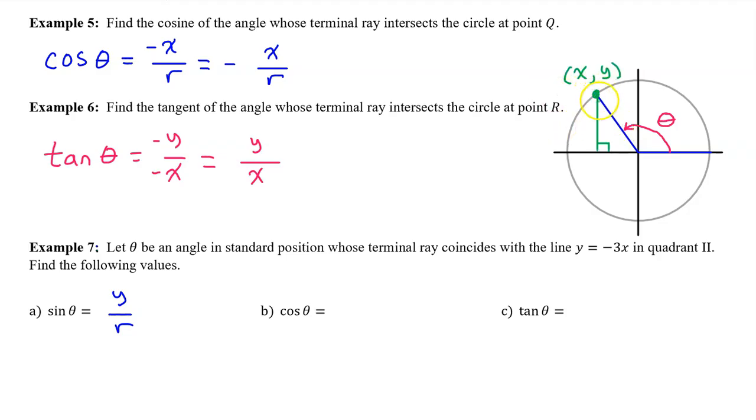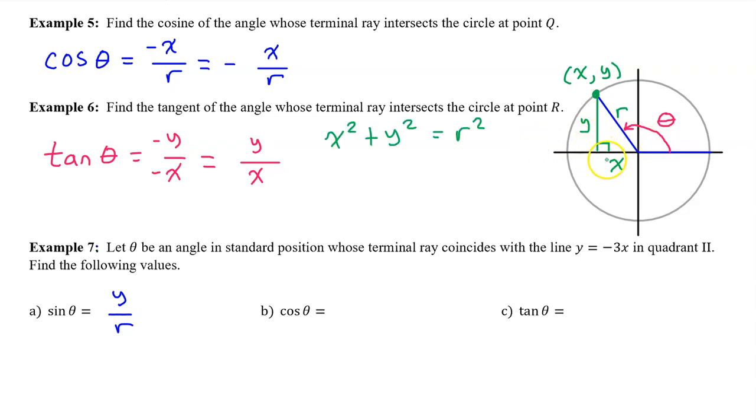If the coordinates of the point where the terminal ray intersects the circle are x, y, then we can draw a right triangle in the second quadrant where this vertical side of the right triangle is y and the horizontal side is x. The hypotenuse is the radius of the circle, so let's call that r.